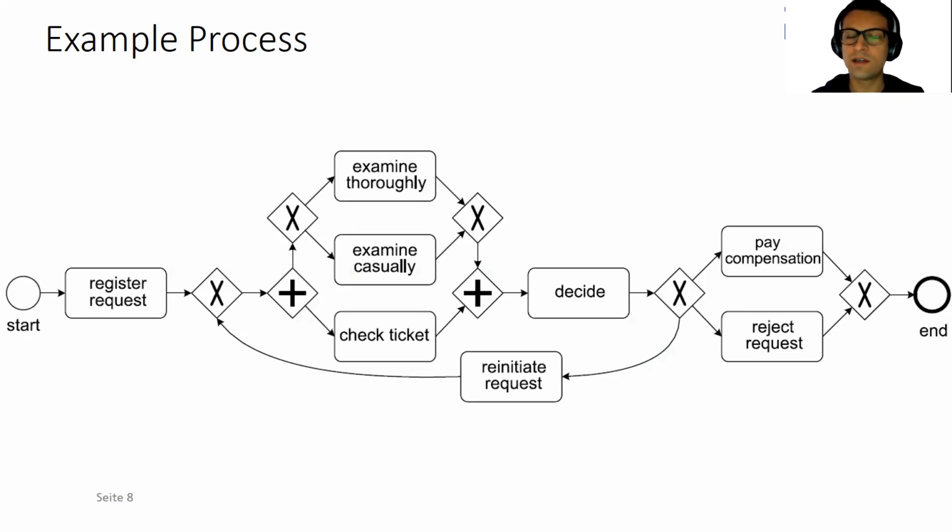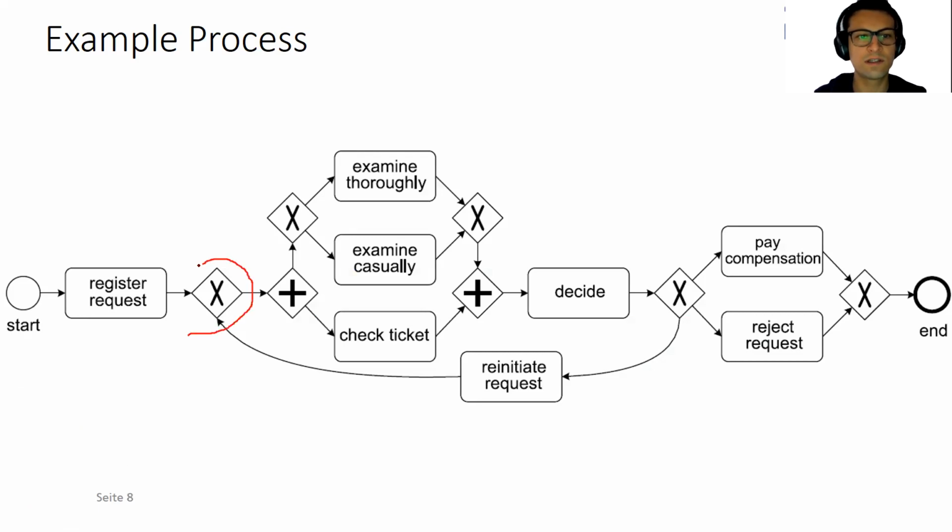These diamonds in this picture can mean two different things. If I encounter a diamond that contains a cross in the middle, this means that I'm either splitting or merging, but I'm doing that in an exclusive way. Take the first diamond we see, next to register request, let me try to mark it.